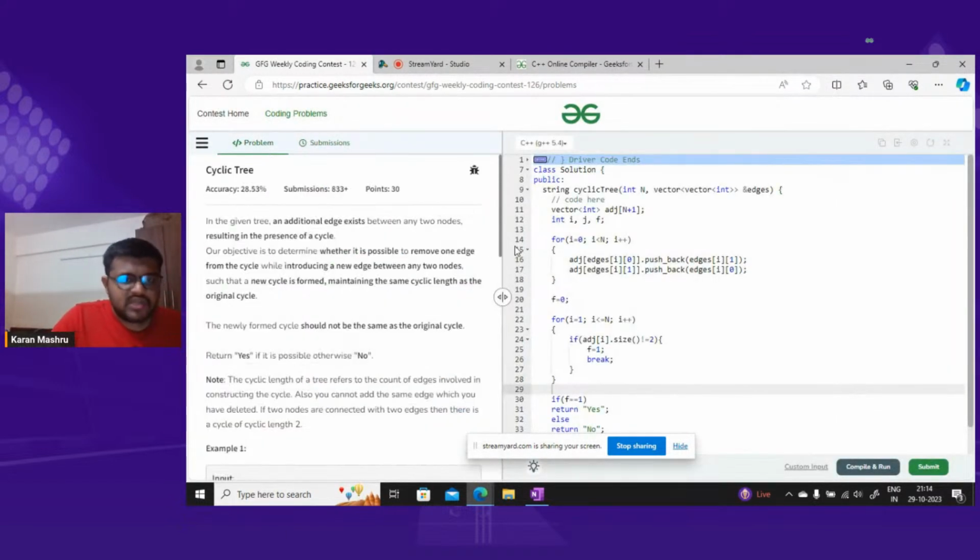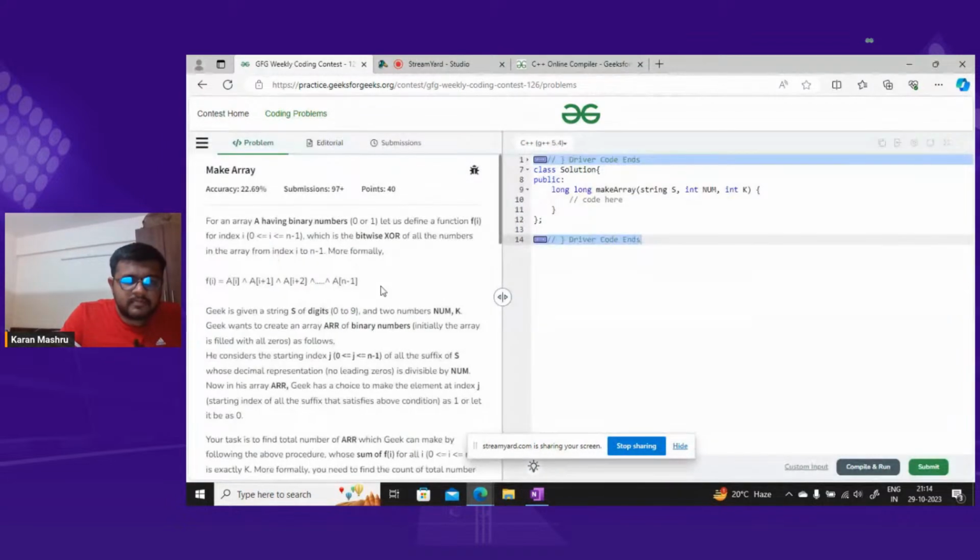You might get a segmentation error, okay? Because a lot of function calls will be made and the constraints are such that you will not be able to make it in this. So let us not discuss that here at present. Okay, so let us move on to the last question, which was quite good.